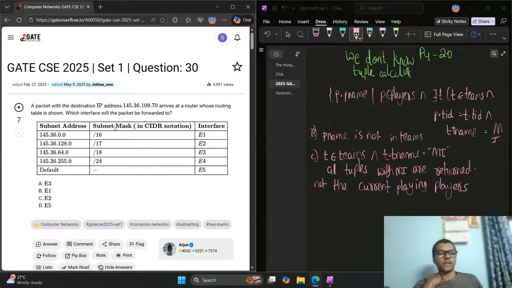A packet with a destination IP address arrives at a router whose routing table is given. Which interface will this packet be forwarded to? Subnet. I don't know.